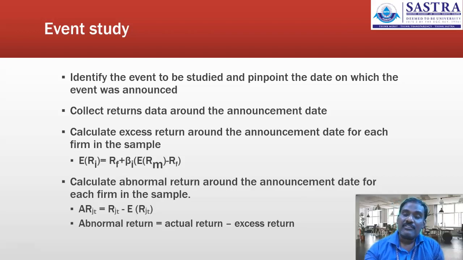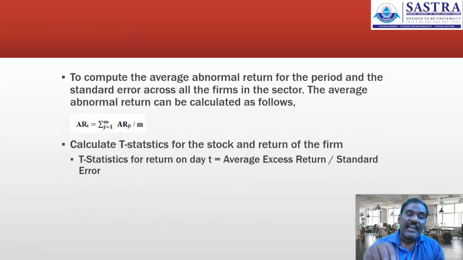Maybe 12 stocks or 12 companies are included. You can then calculate the abnormal return. It means the actual return generated during the specific period minus the expected return for each company in the event study. You then sum all those returns and calculate the average abnormal return.